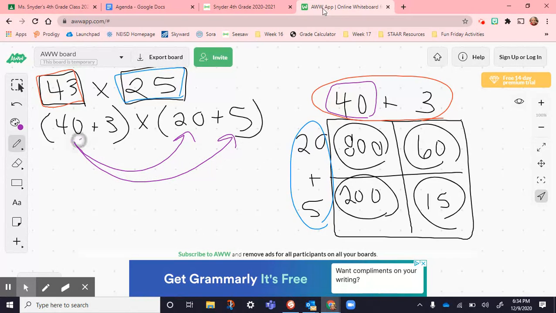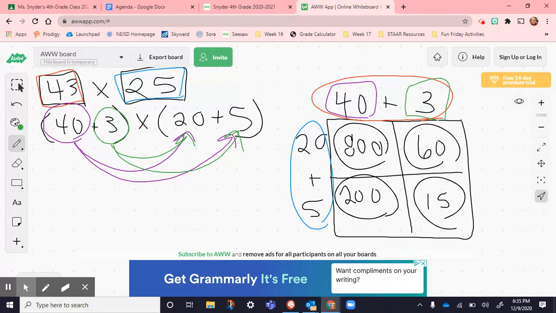So you're taking this first digit and multiplying it by everything here in this second parentheses. Then you're taking your 3 and you multiplied it by 20 and you multiplied it by 5. So just taking each of these and multiplying them by each of these.